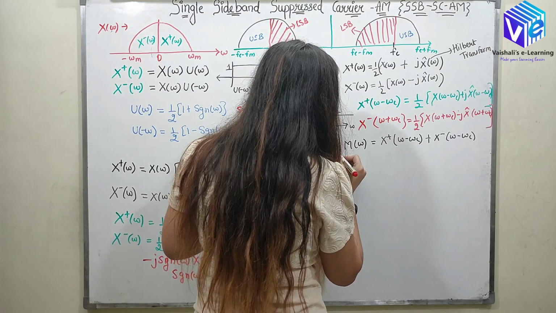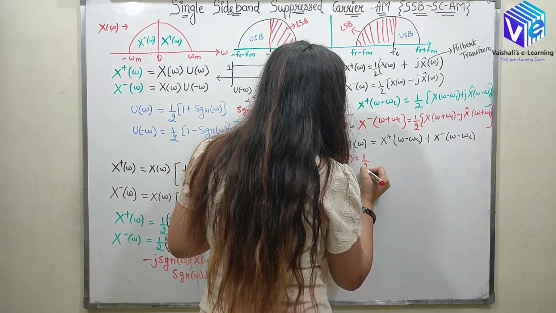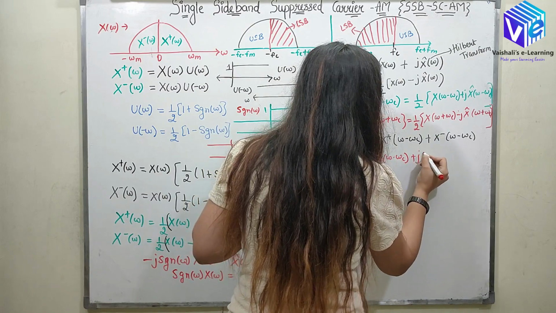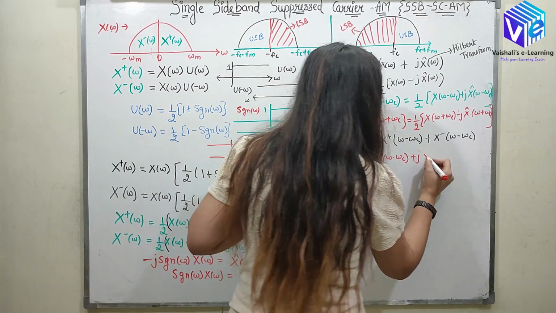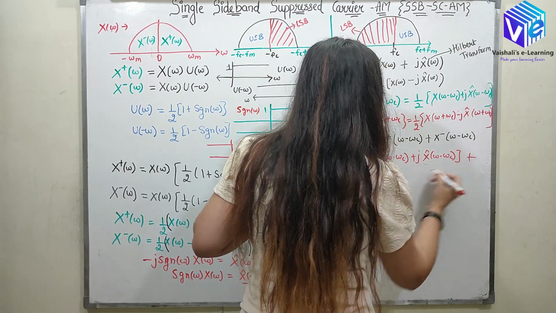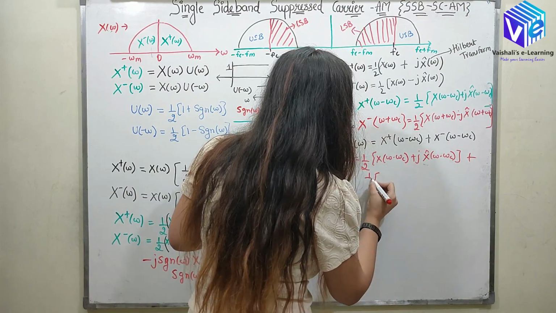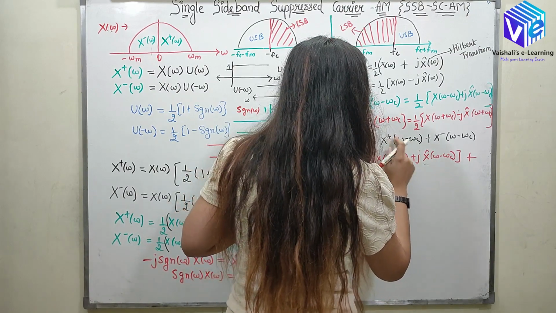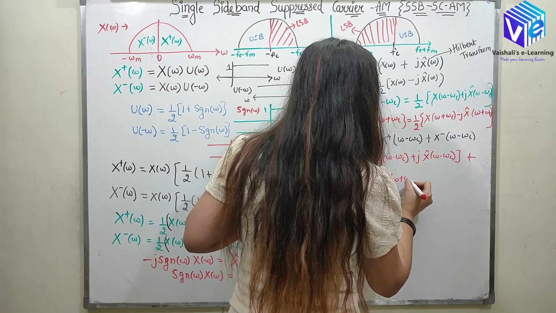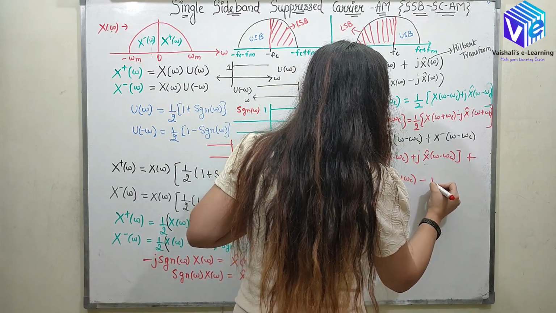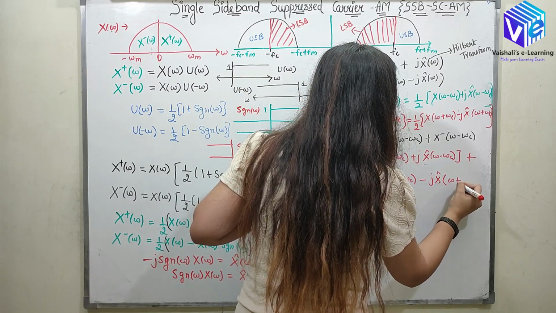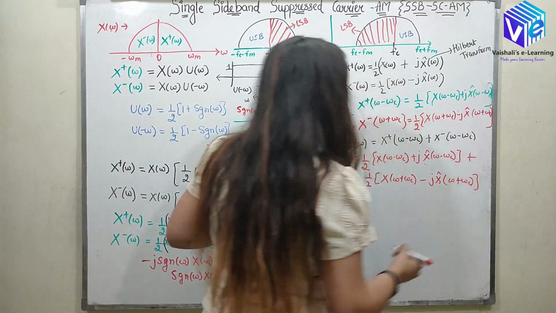M of omega would be half of X of omega minus omega c plus j X cap of omega minus omega c, plus half X of omega plus omega c minus j X cap of omega plus omega c.